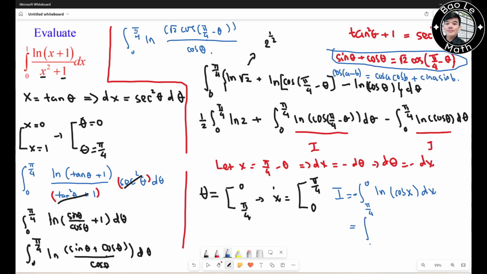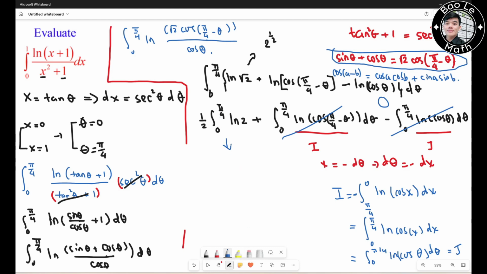So it turns out to be the integral from 0 to pi over 4 of natural log of cosine s ds. Now I just change the variable, so it's the integral from 0 to pi over 4 of natural log of cosine theta d theta, and this is actually J. So I minus J is going to be 0.